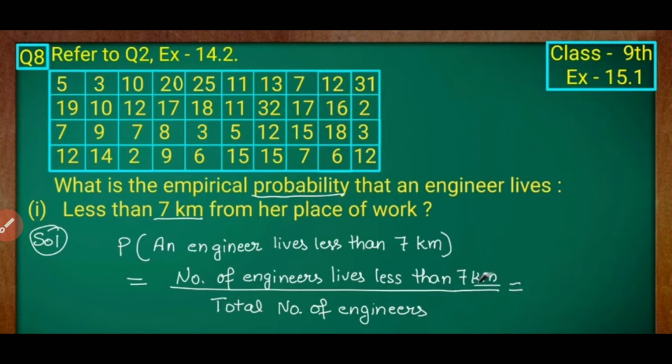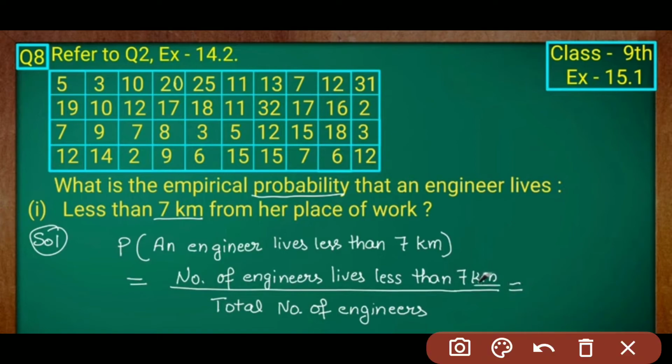What is the first condition? Less than 7 kilometers from the place of work. The question is asking about the number of engineers living at different distances. A survey was done. How many engineers are there in total? There will be 40 engineers.